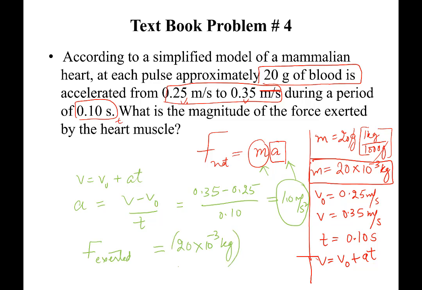That's also fine, but this is also fine if you leave it like this. And then multiplied by 1.0 meters per second square will give you the answer in newtons. Kg meter per second square is in newtons, and when you work on it, it comes out to be 0.02 newtons force, which is a small force.